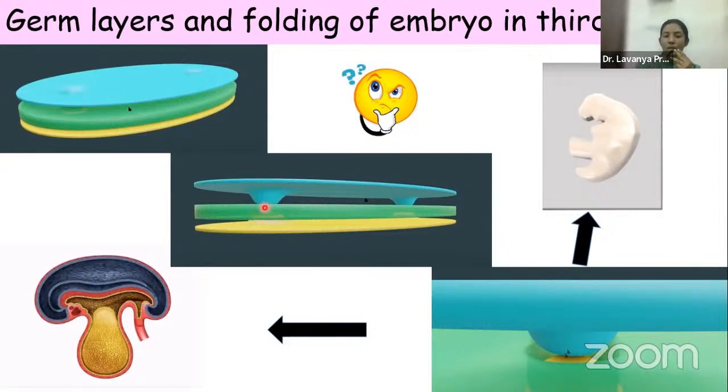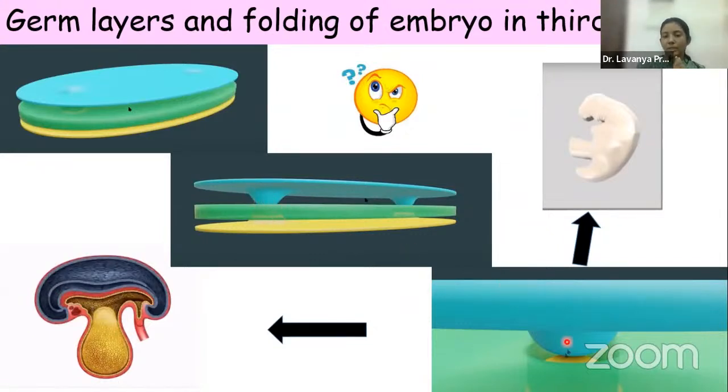Towards the cranial end, we have the oropharyngeal membrane, and towards the caudal end, we have the cloacal membrane. The next stage from this oropharyngeal membrane is the formation of the branchial apparatus, which is enclosing this membrane. So we can see the evagination here.